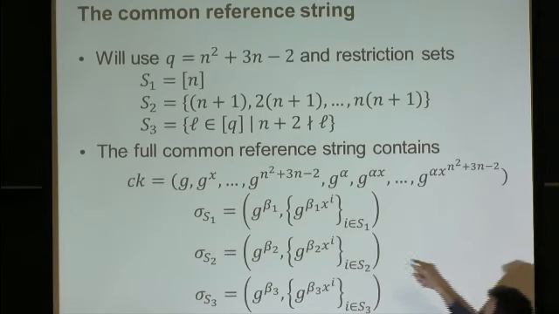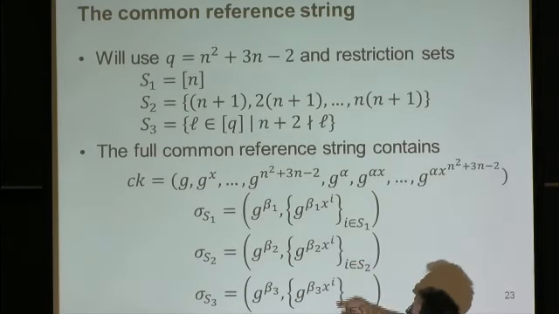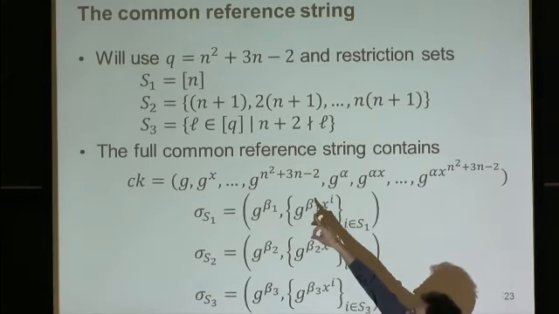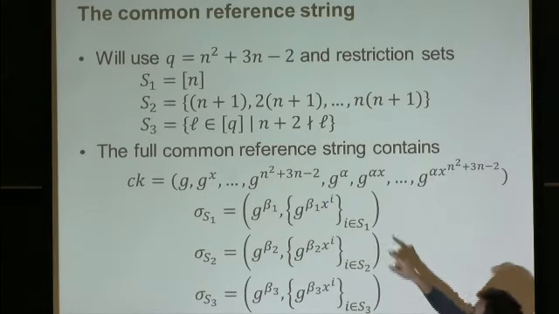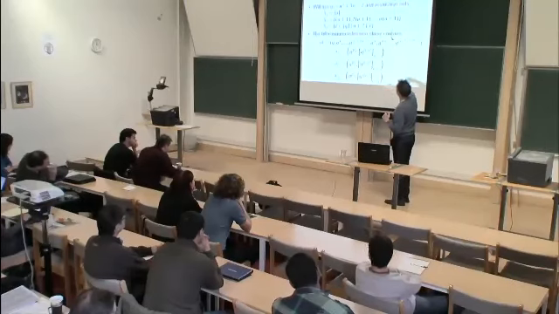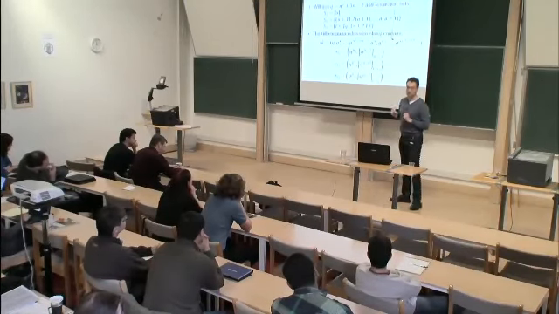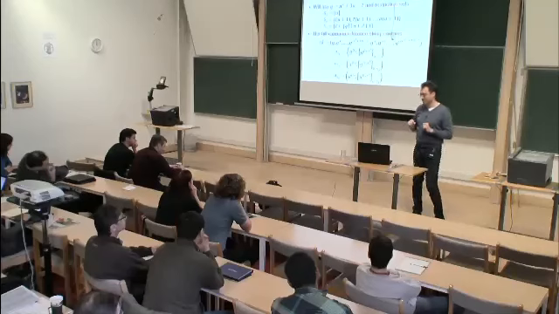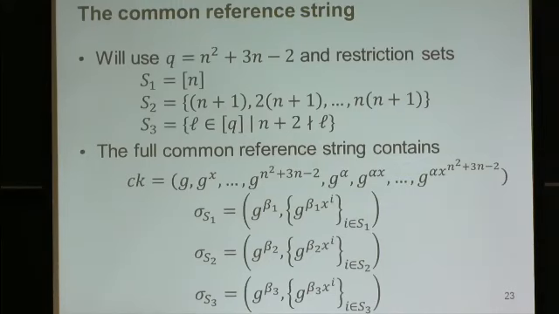Then we'll have 3 common reference strings for restrictions to respectively 1 through n, multiples of n plus 1, and indices that are not divisible by n plus 2. These numbers are basically just because they work, but I'll get back to why we pick these particular numbers.